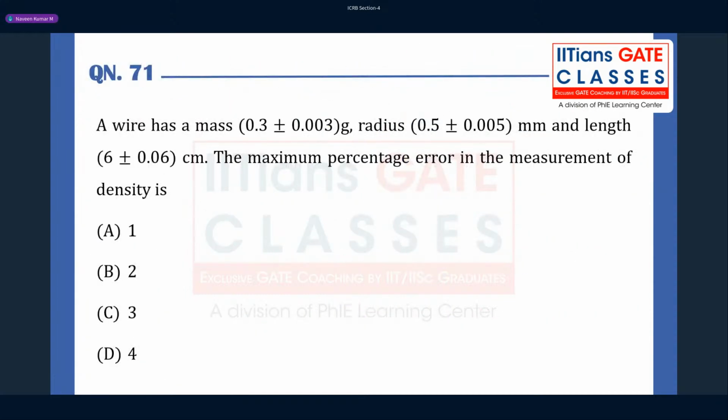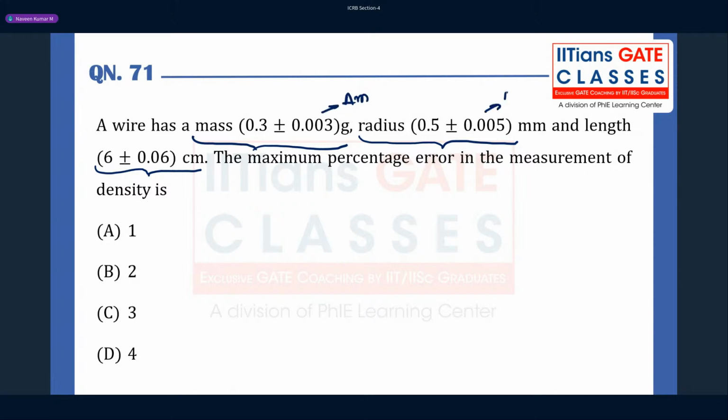This is a very good question actually. So let's discuss this in detail. A wire has a mass of this, radius plus or minus this, and length plus or minus this. So this I can say delta m, change in mass.